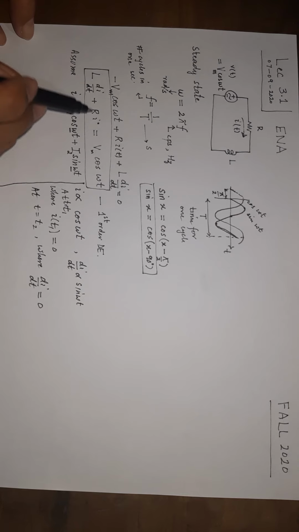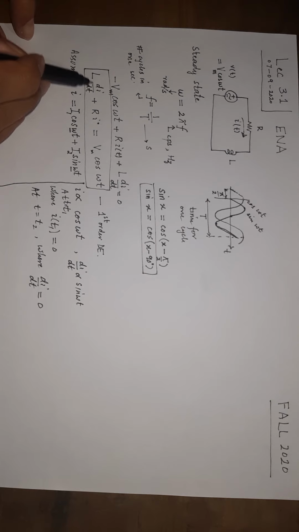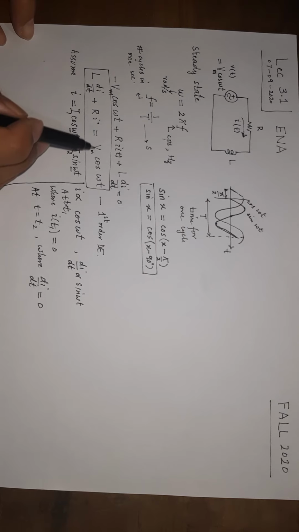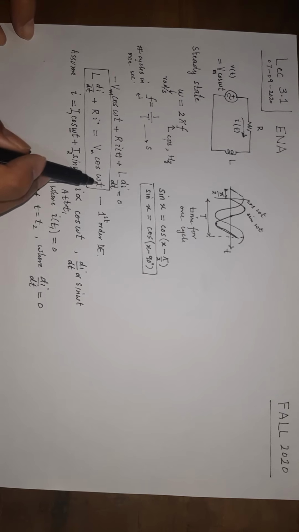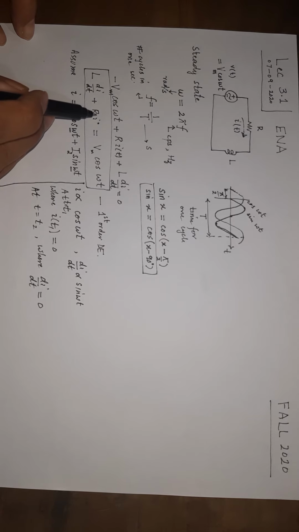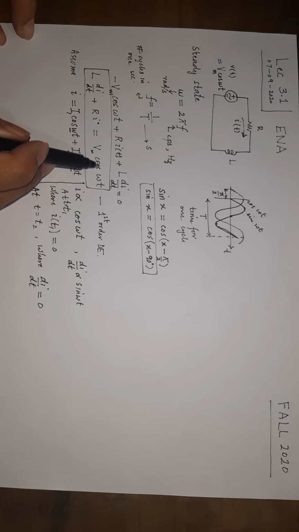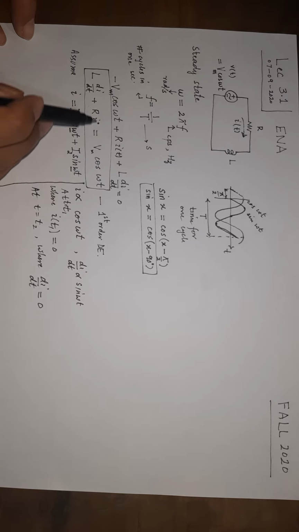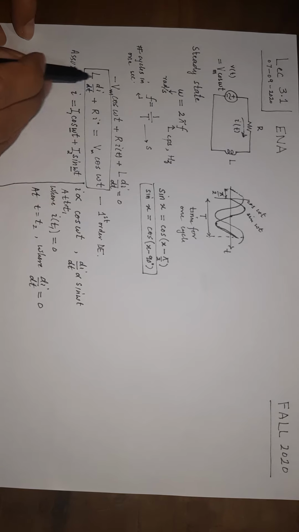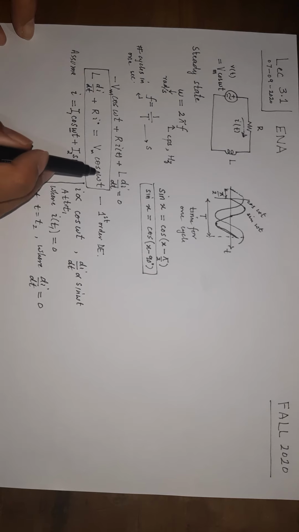So at that time, when our i is 0, L di by dt would be equal to Vm cos of omega t. So it means when i is 0, this term represents this term. And conversely, when this term is 0, this term represents this term.